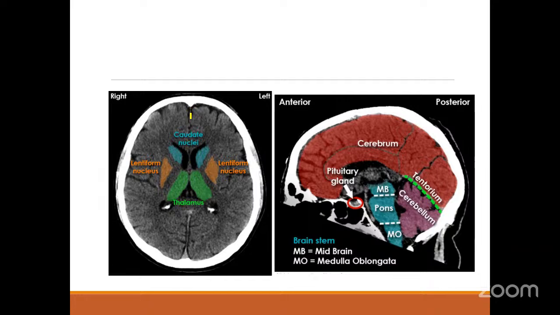This is the falx cerebri that separates the right and left brain. In this diagram, you see a green dotted line on the second image. That is the tentorium cerebri, a folding of the meninges which separates the anterior brain structures from the posterior cranial structures, namely your cerebellum, midbrain, pons, and medulla oblongata. These last three form your brainstem.